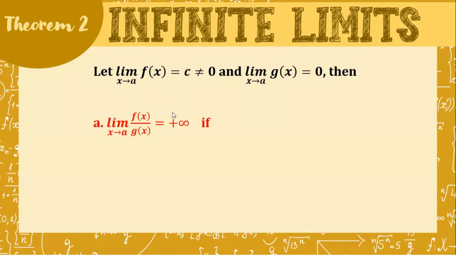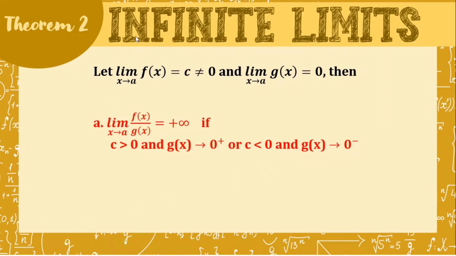the limit of the function f of x over g of x as x approaches a is equal to positive infinity if your c is greater than 0 and your g of x approaches 0 plus, or c is less than 0 and your g of x approaches 0 minus.